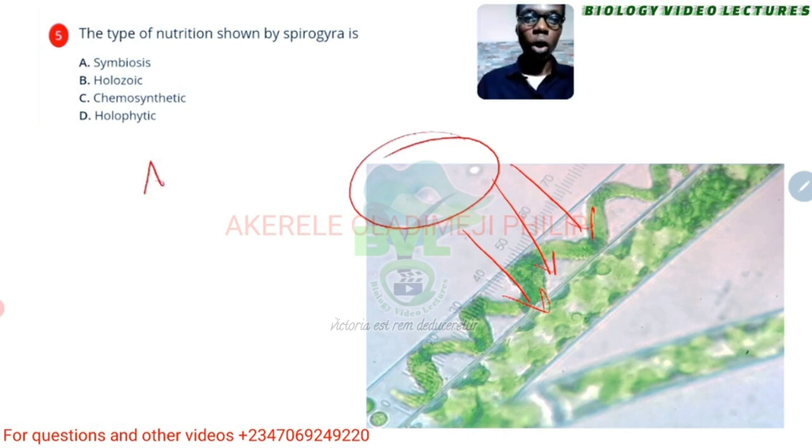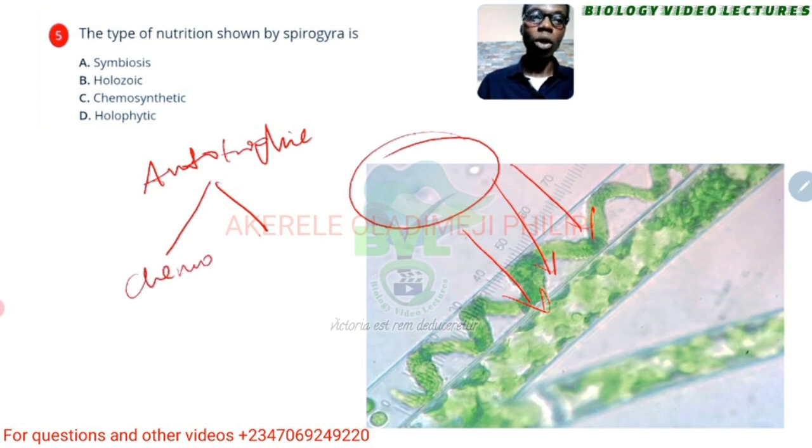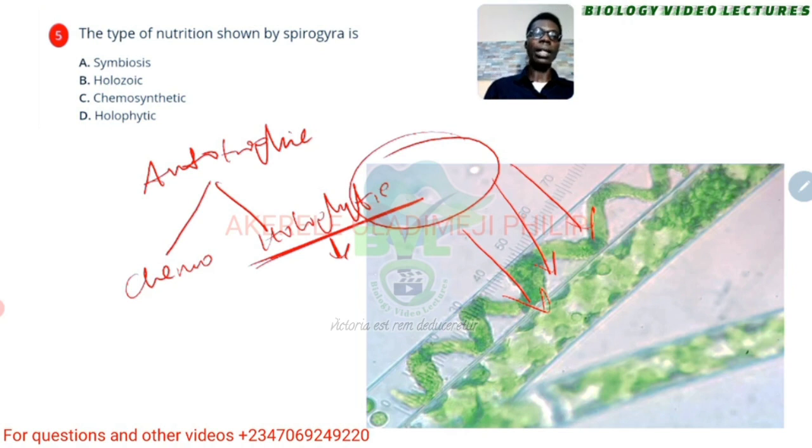Let me put it this way. Autotrophic, which can make food by themselves. We have the one called chemotrophic, using chemicals. We have the one called holophytic. Now, this one means the same thing as photosynthetic. All right, so the answer will be this. Why?